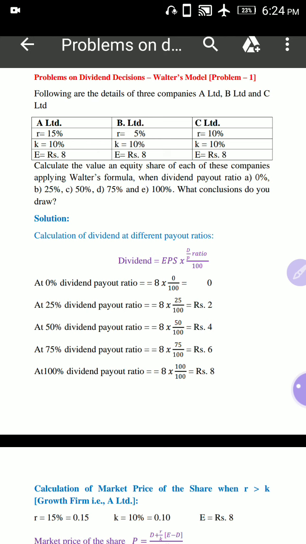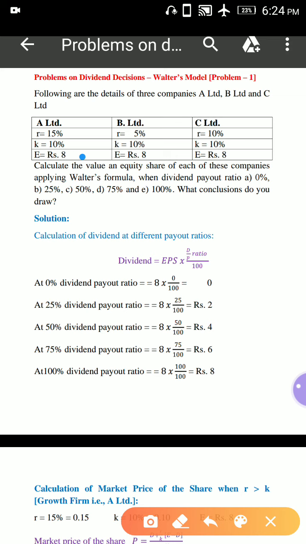Now coming to the problem, Walter's model. Following are the details of three companies, A Limited, B Limited and C Limited. See here, R is given, R means rate of return. Rate of return is given, cost of capital is given, and earnings per share, E stands for earnings per share, is given for A, B, C Limited companies.